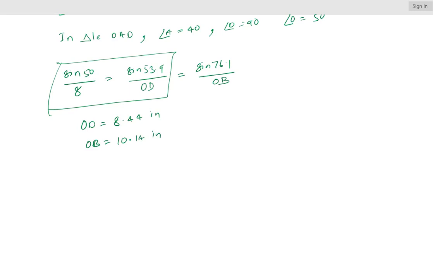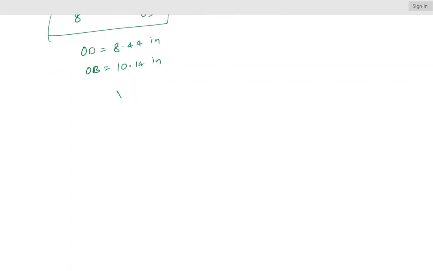So now that we know these distances, we use the formula V equals R omega. V is the linear velocity, R is the radial distance, and omega is the angular velocity. Let's apply this for AB.